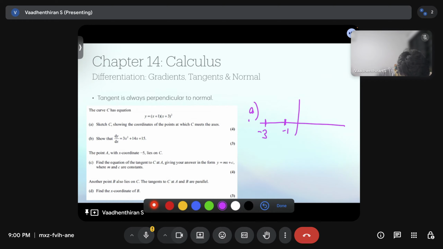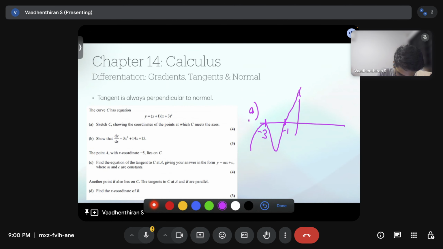Okay, wait, it should be starting from here. So it should start from here, turning point, and then move towards the positive axis. So this is how the graph should look. This is a rough sketch only.